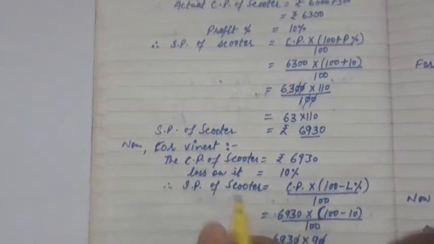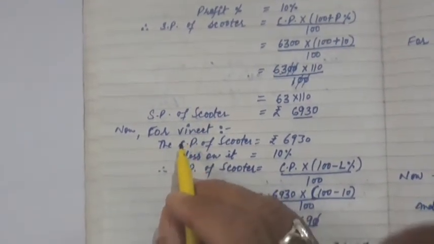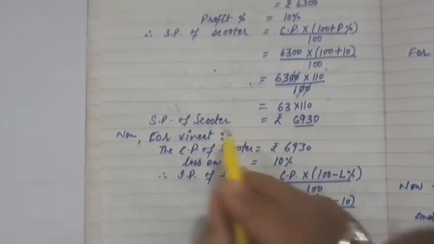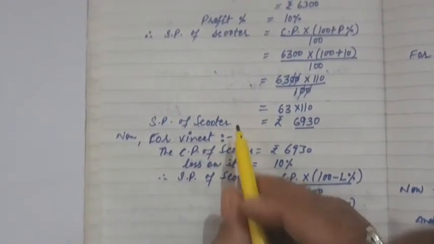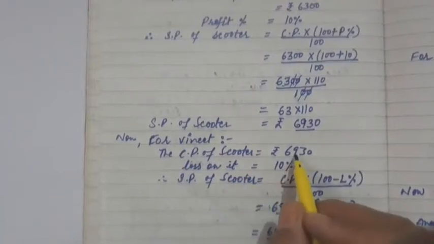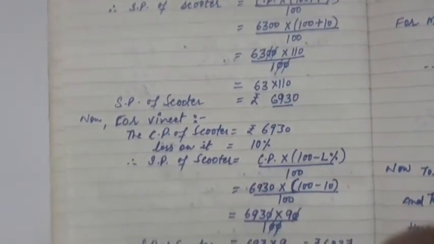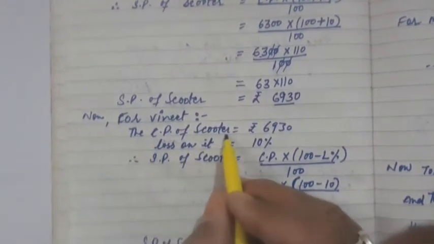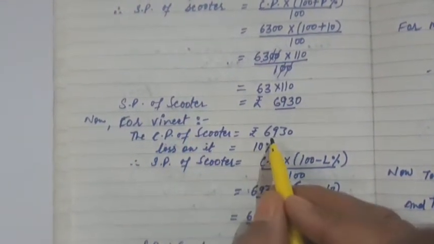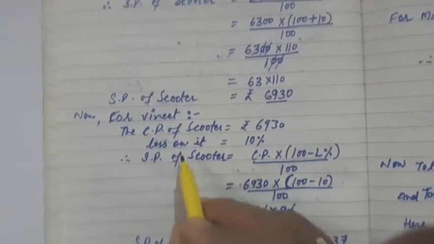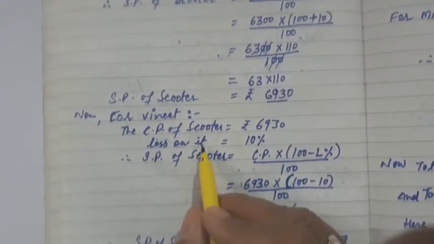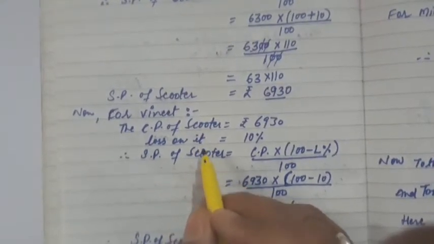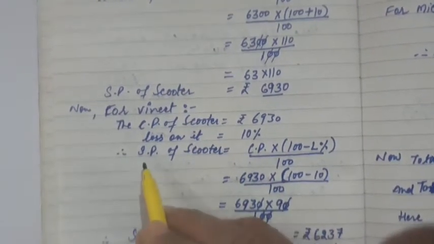Ranjan sells this scooter to Vineet. So therefore the CP for Vineet becomes equal to the SP of scooter by Ranjan, that is 6930. Therefore the CP of the scooter for Vineet is equal to 6930, and Vineet has a loss when he sells it, that is 10%.